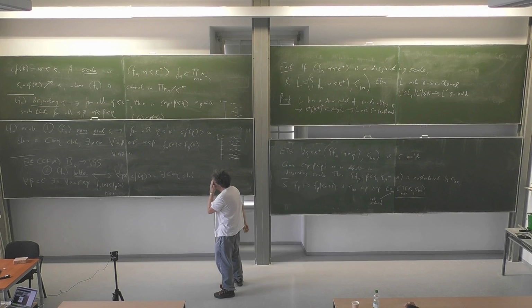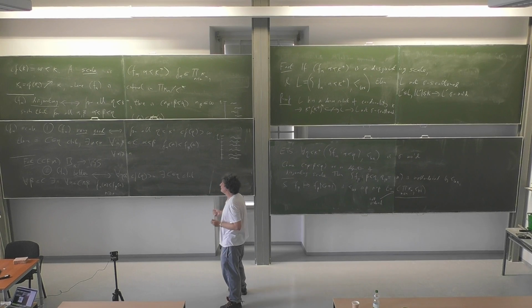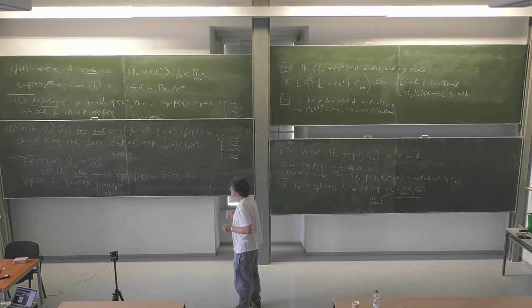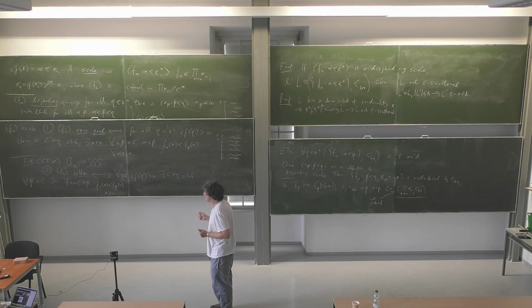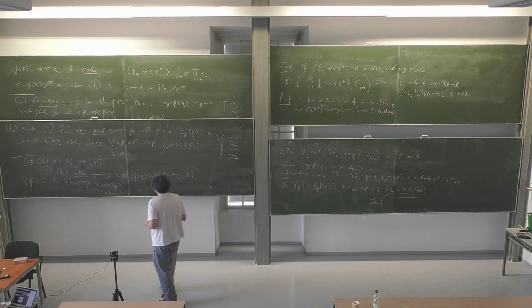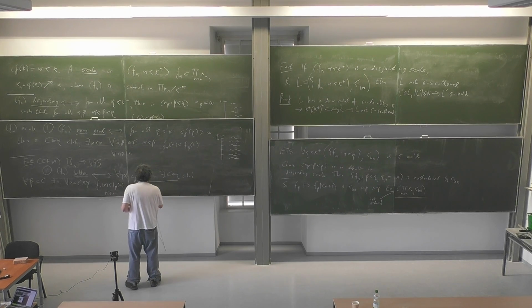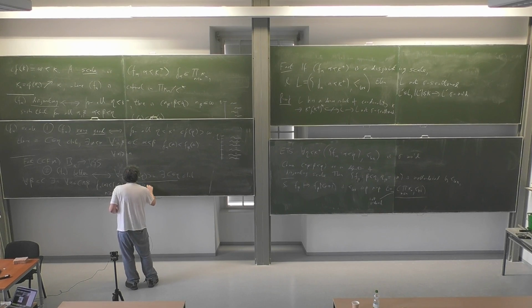I think since life is short, I'm not going to try and draw the picture of the beta scale. Two things I am going to say about beta scales. I think I mentioned this already, but now you can prove it for yourselves.